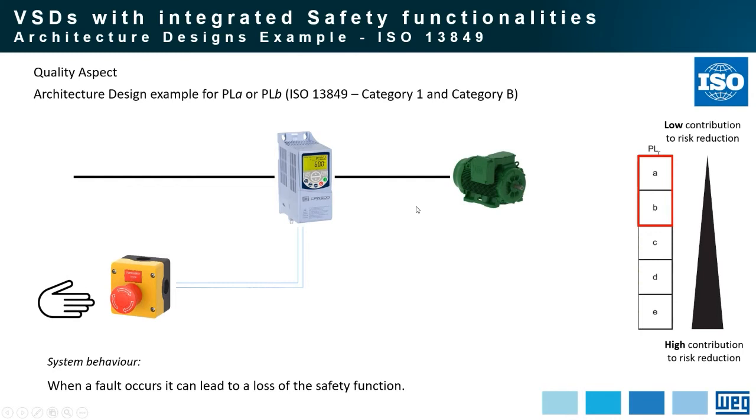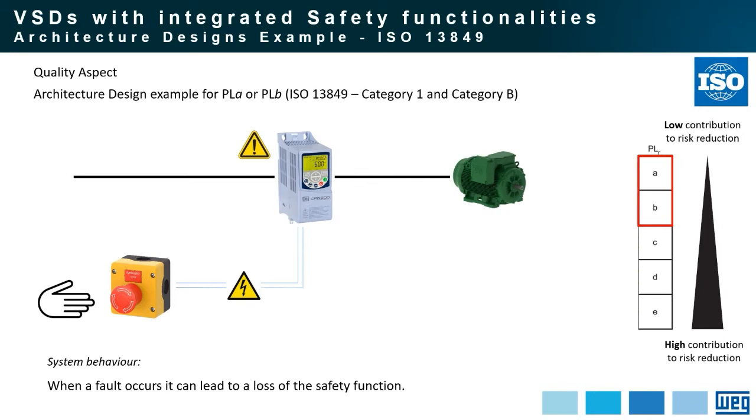But in the end, this system may have some failures. For example, the cables may have a short circuit or may break between the variable speed drive and the emergency push button. And this is for sure an unsafe situation. Additionally, the variable speed drive also may have some failures, for example, wrong parameter setting or other failures with the variable speed drive component that will not switch off the motor in case of a safety problem.